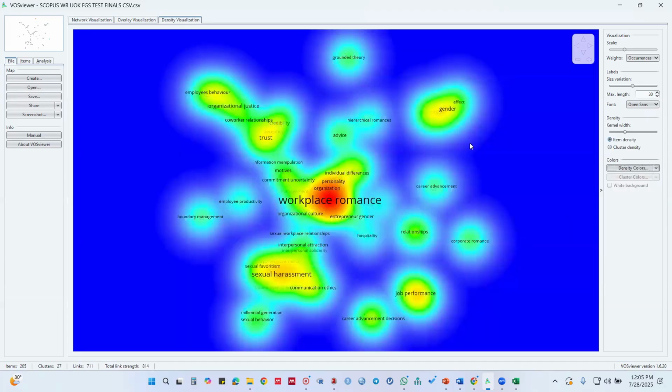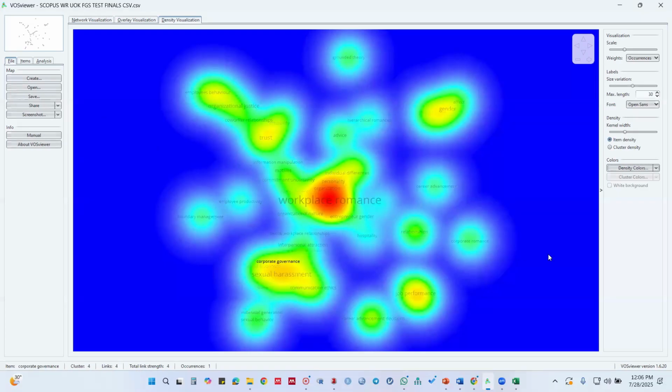In this version, the developers of this particular software say that any keyword with a blue background, something like this, is very limited research, only one or two studies, which indicates a gap, right? Any keyword in a green node indicates a moderate level of research. Any keyword in a red node is more frequently researched, right?